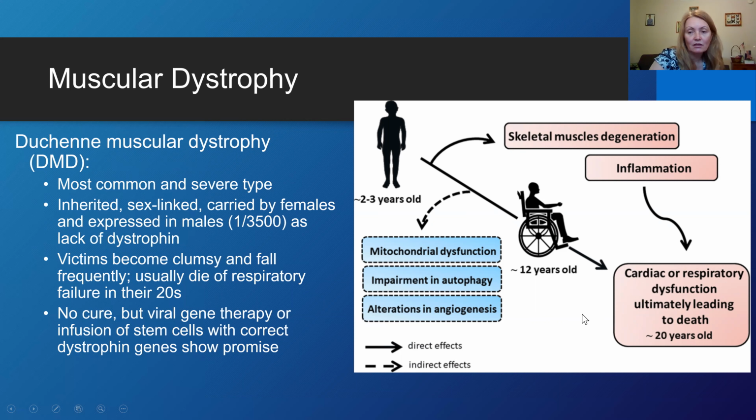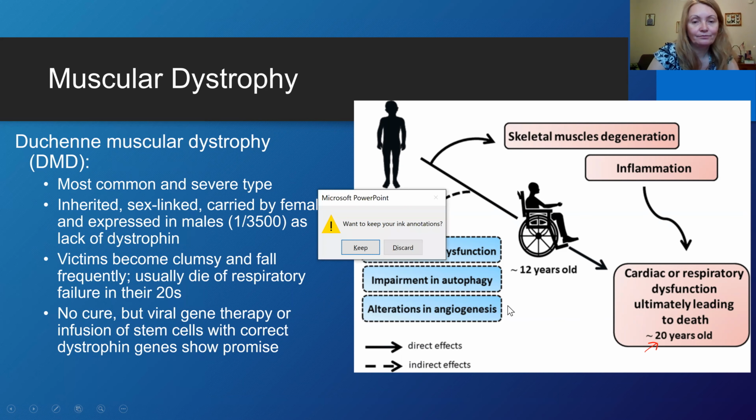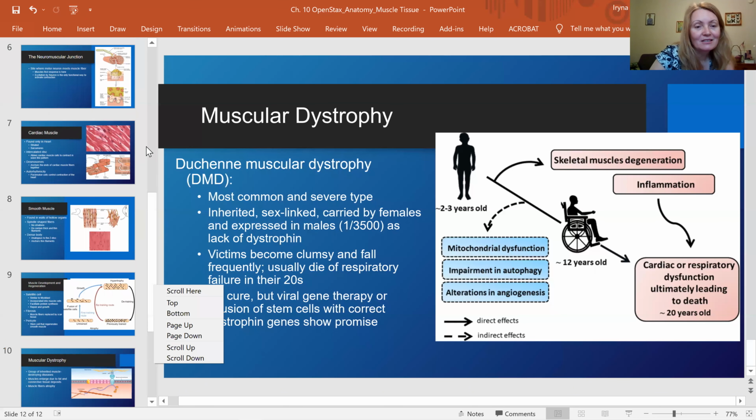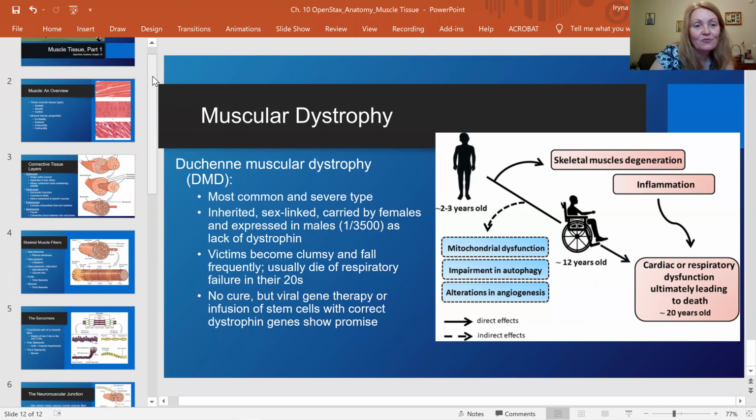And unfortunately, there is no cure. So it's a very, very sad prognosis for these kids. And it has some indirect effects as well. So hopefully gene therapy will advance in the near future, and we will be able to help these kids live a healthy and long life. Okay, so that's it for this part.